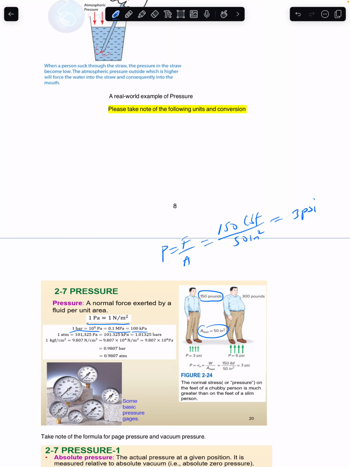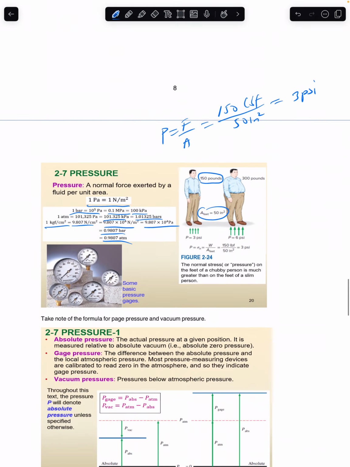While 1 atmospheric pressure is equal to 101.325 kilopascal, and we could convert that to bar. While 1 kilogram F over centimeter square is equal to 9.807 Newton per centimeter square, and we could convert that to Pascal and to bar. So those are the units you have to pay attention to if you are looking at calculation.